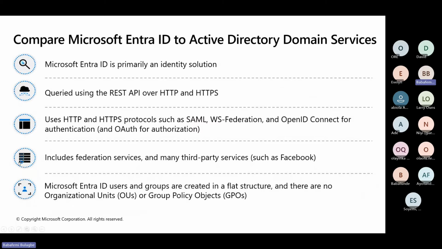That's why you can see here that it uses HTTP and HTTPS protocols such as SAML, WS-Federation, and OpenID for authentication, and OAuth for authorization. So here it's telling you that we access our Entra ID over the internet, as against our on-premises identity services.